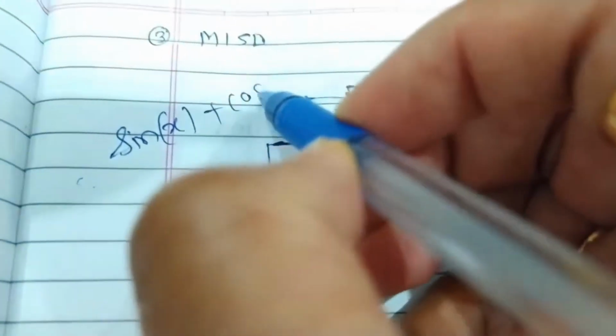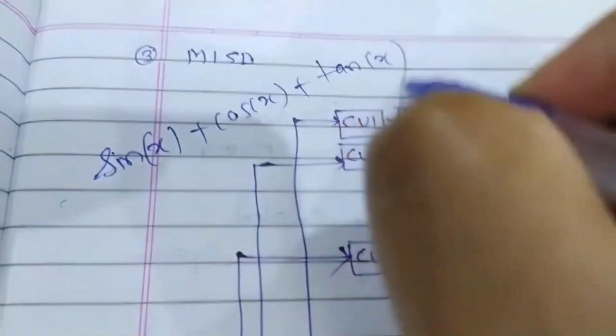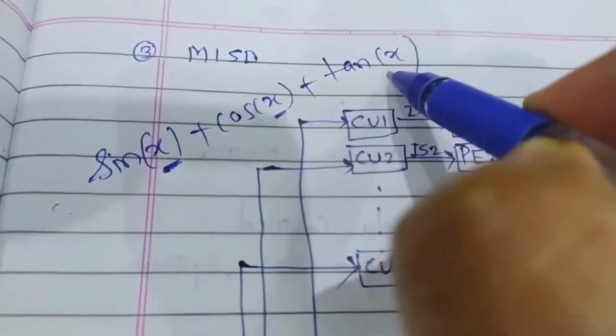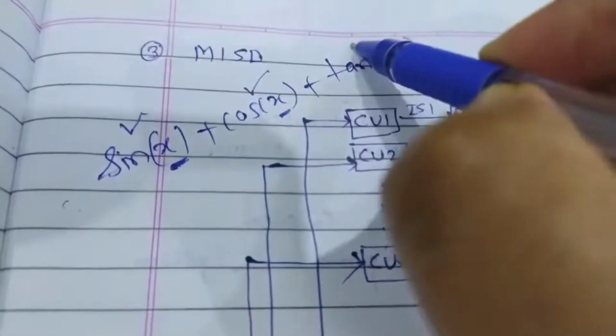While multiple instruction, single data is a different one. For example, we have sin x plus cos x plus tan x. Here we are giving the same data, same x, but here is the sin operation, here is the cos operation, here is the tan operation.